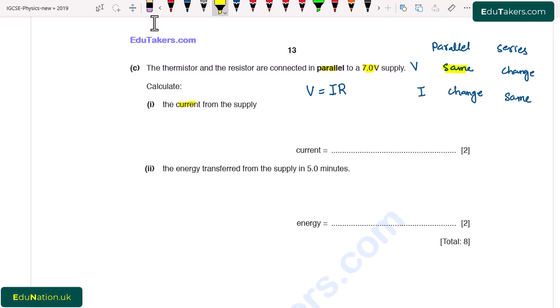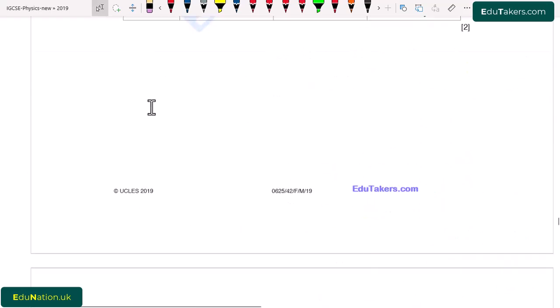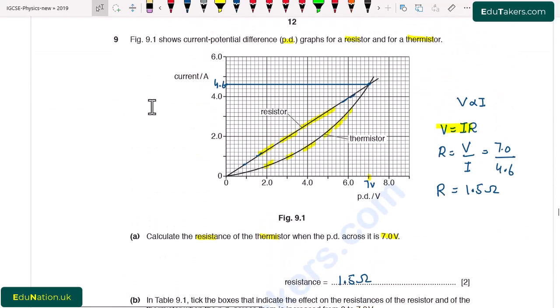In order to find out the value of current, we also have to know about the value of resistance. So going back to the graph, we can see that at 7 volt, that is at this point, the corresponding current values are 4.6, that is for both resistor and thermistor.